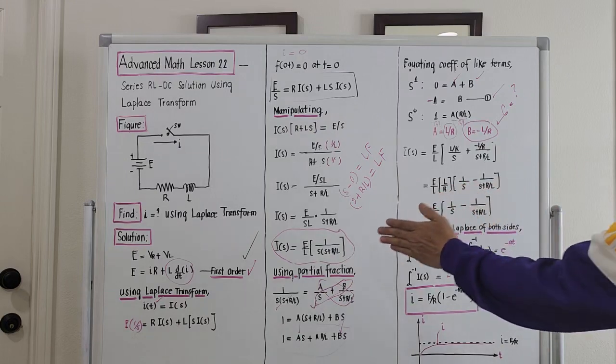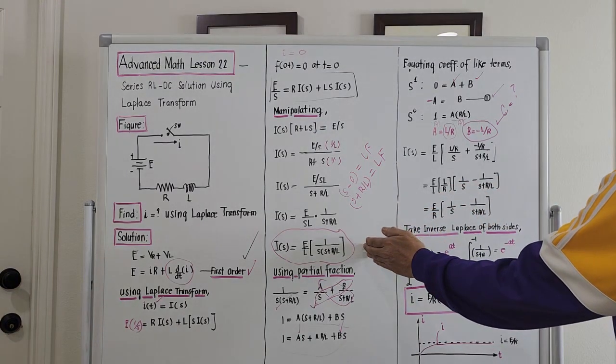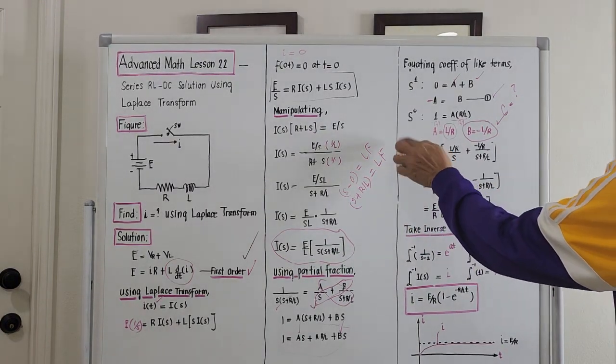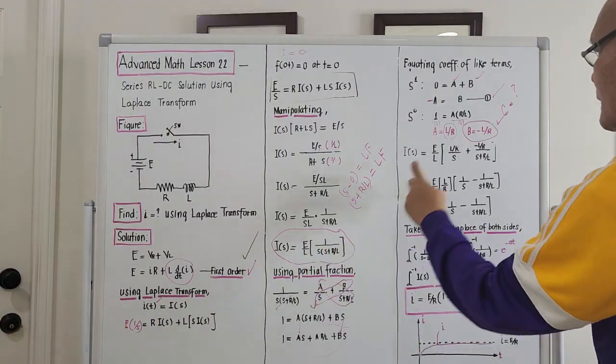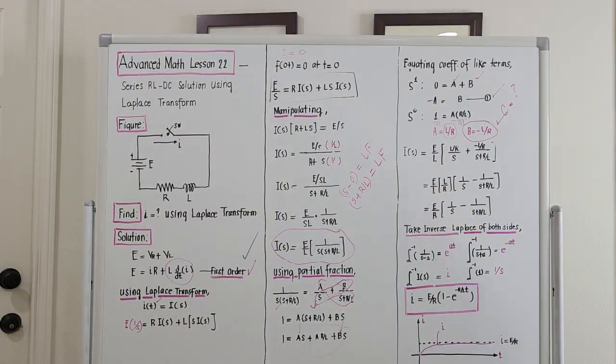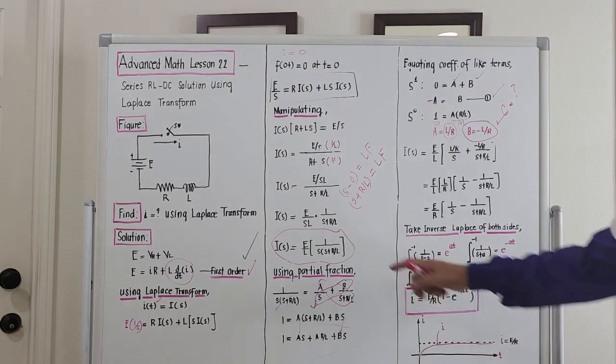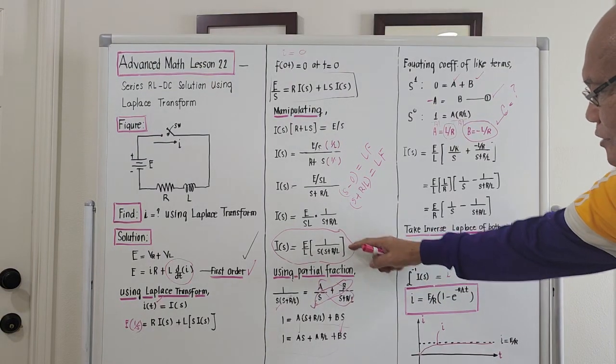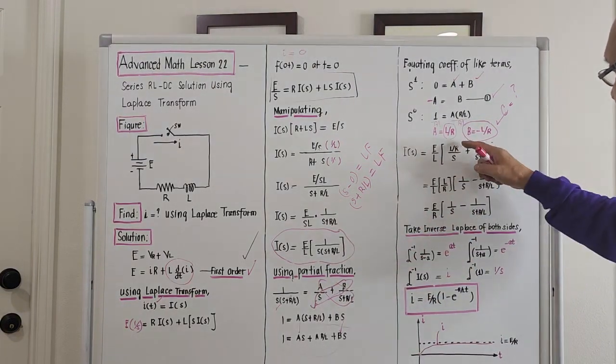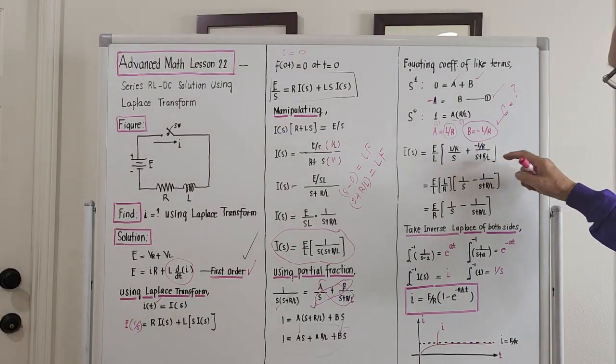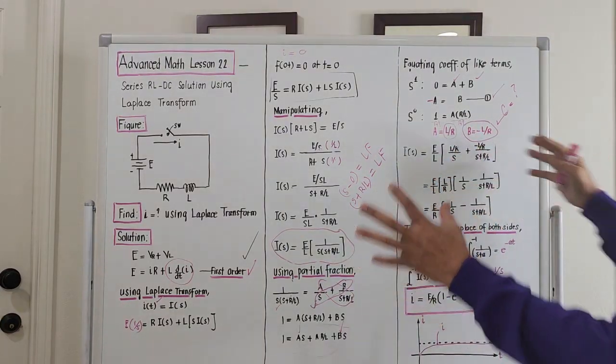So going back to this I of S, capital I as a function of S, should be equal to E over L times, we now know the equivalent of this in terms of partial fraction. This should be A over S plus B over S plus R over L. It's just a matter of substitution.